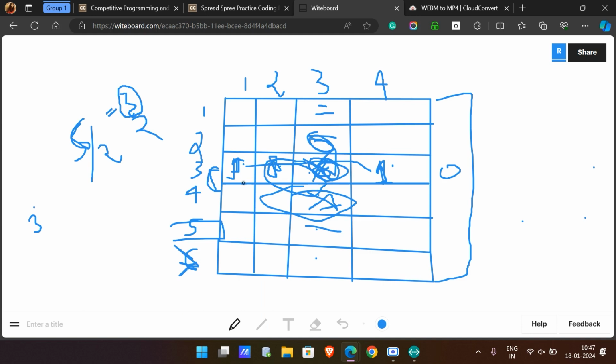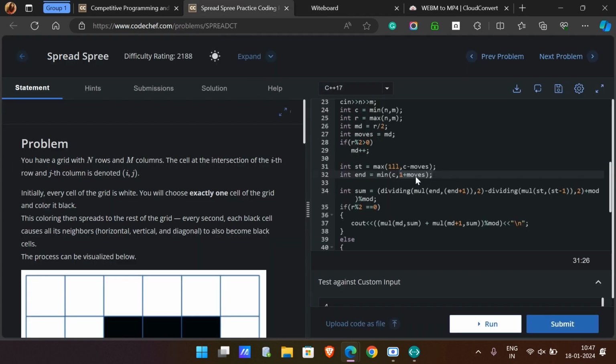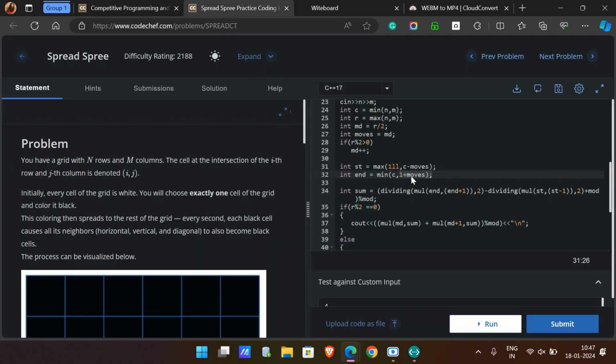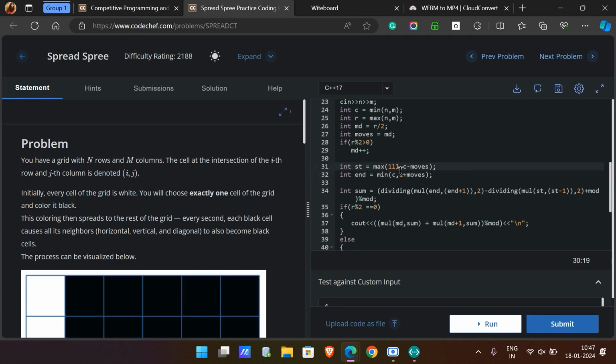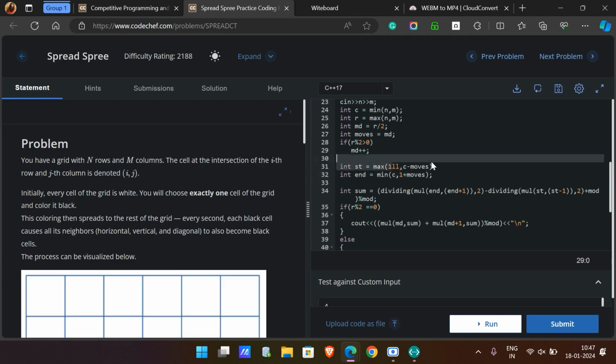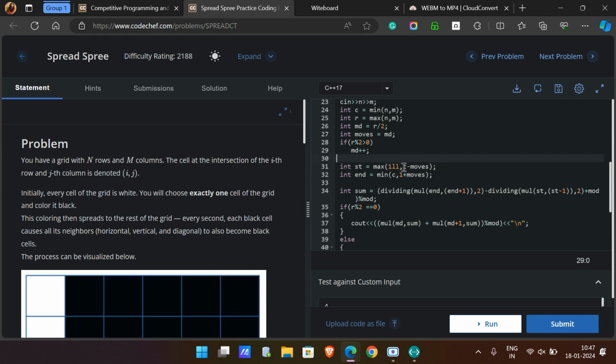If the number of moves is 2, then from this column I could start, because then I will be having two columns to cover. So that's why I'm doing the minimum of column, because it cannot go beyond the maximum column, and the maximum of 1 comma c minus moves.